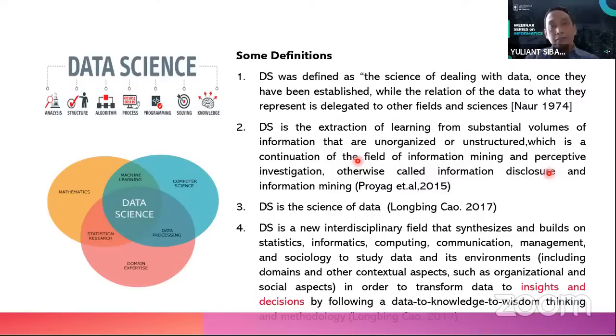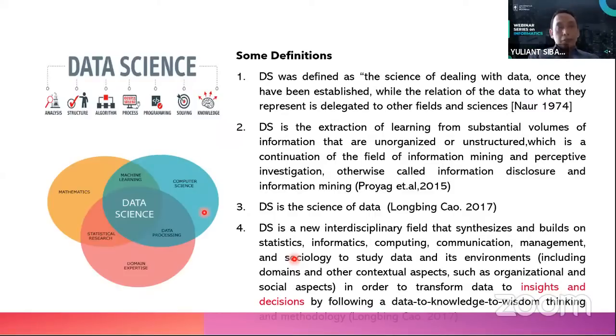And the last definition is given by Longbing. Data science is a new interdisciplinary field that synthesizes and builds on statistics, informatics, computing, communication, management, and sociology to study data and its information, in order to transfer data to insight and decision by following data to knowledge to wisdom thinking and methodology.